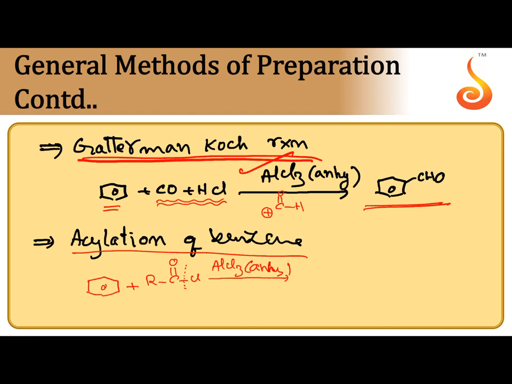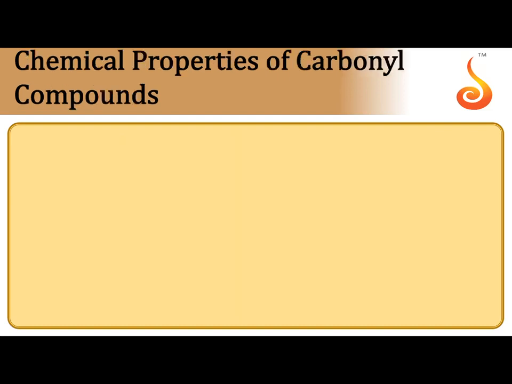Cl minus is taken by AlCl3, providing an electrophile, the acylium carbocation, that replaces H+ of the benzene ring. So the acylium ion is attached to the benzene ring. This process is called Friedel-Crafts acylation. This is used for the preparation of ketones.